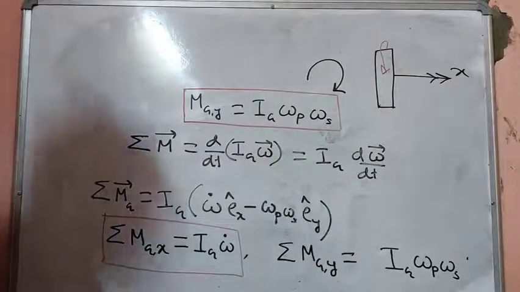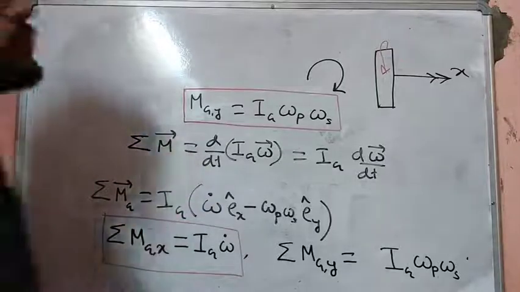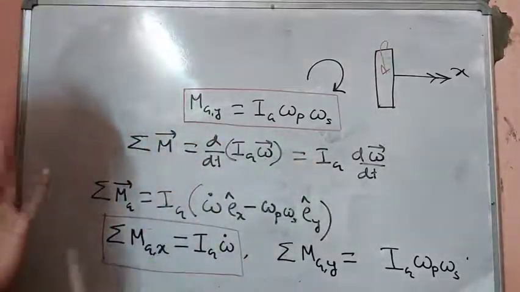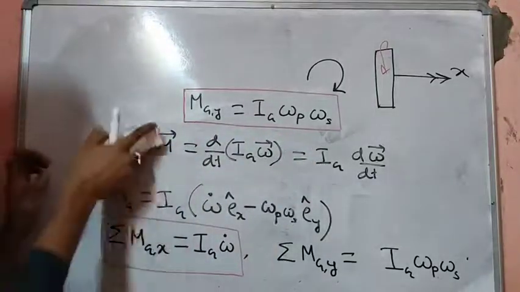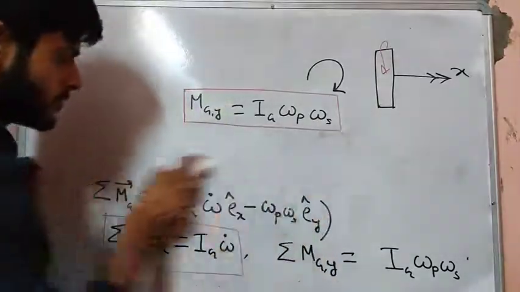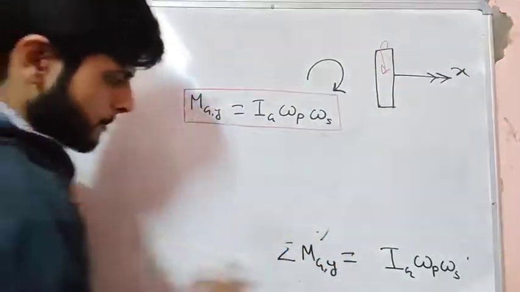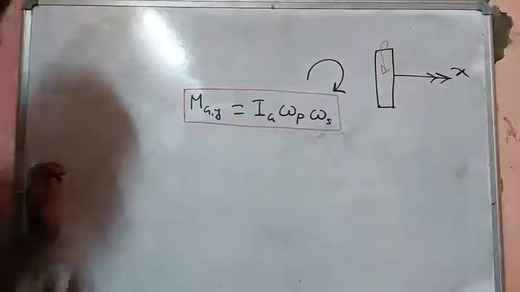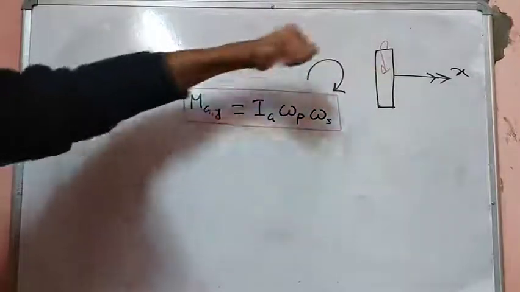So there are two inferences that we can understand from this. There are two equations of motion that we have got: the moment along the x direction and the moment along the y direction.